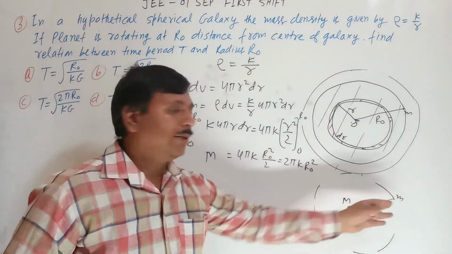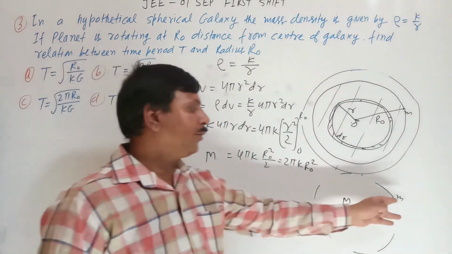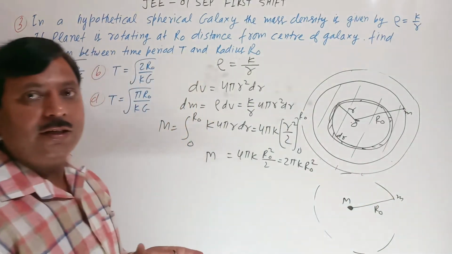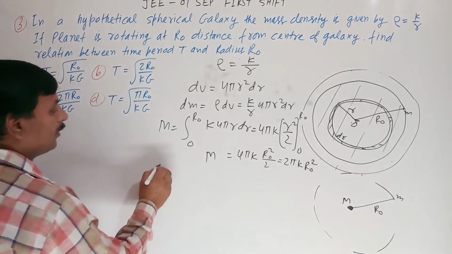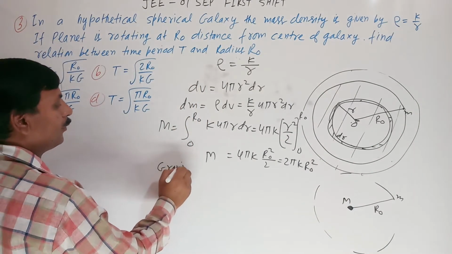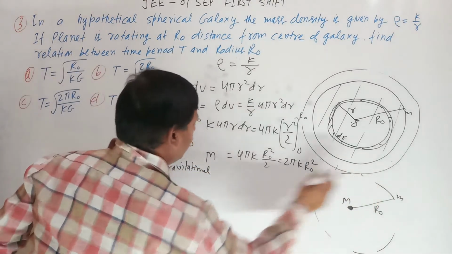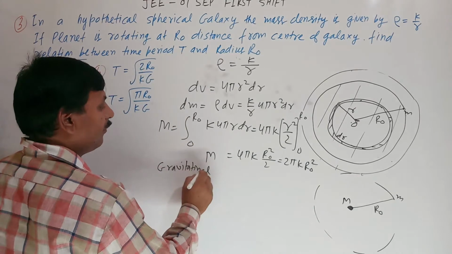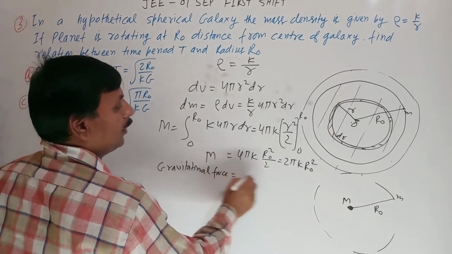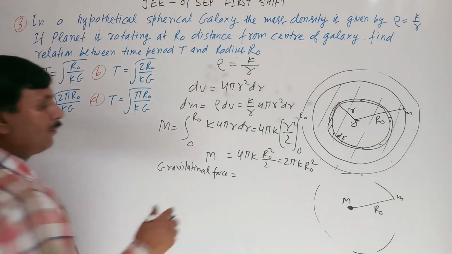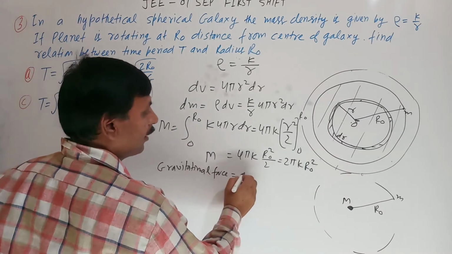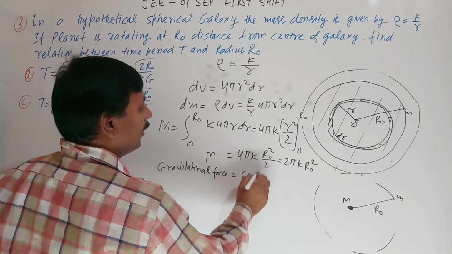So we know the gravitational force, if omega is the angular velocity, is equal to the gravitational force between M and m. Gravitational force is equal to centrifugal force, that is m r omega square.